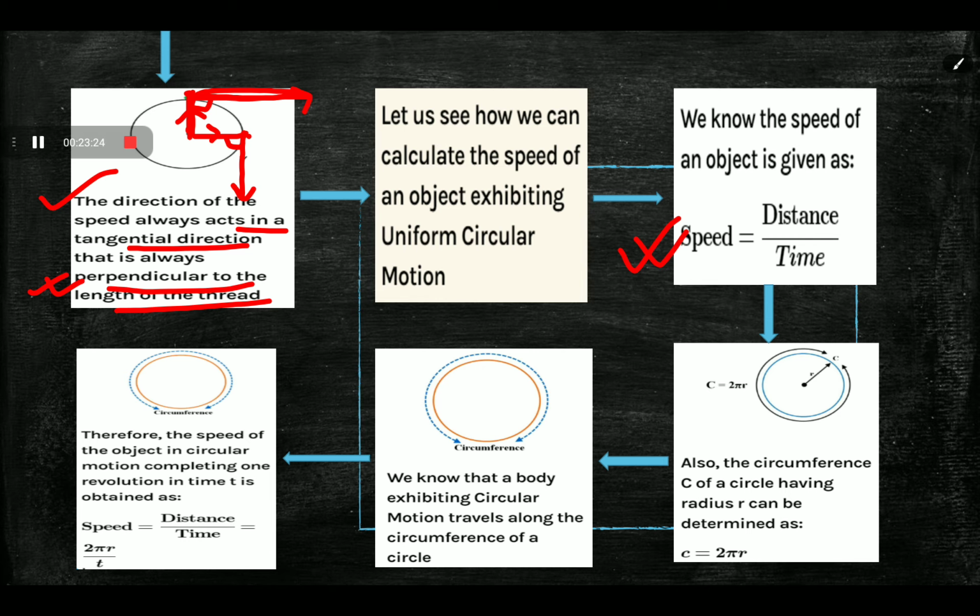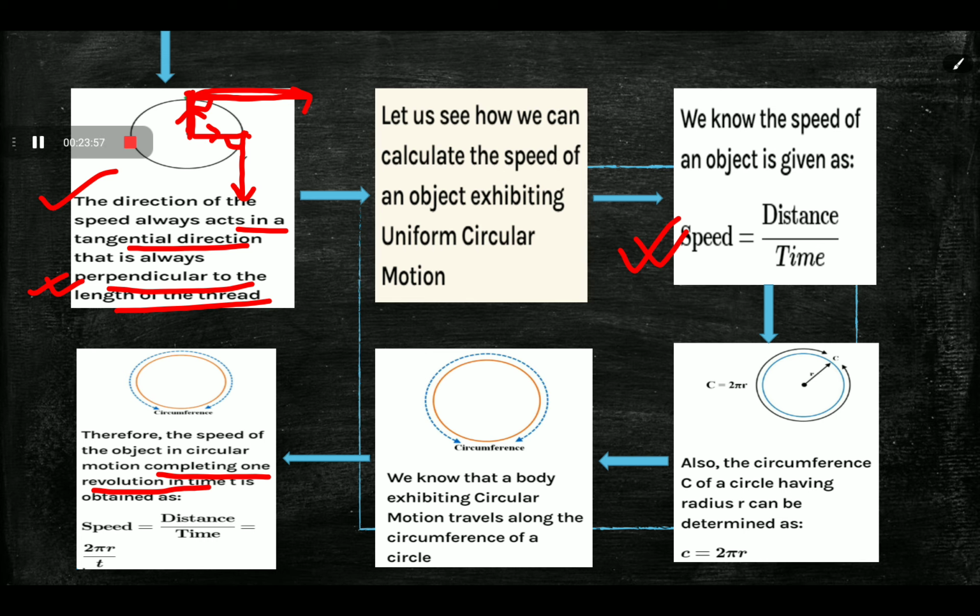And when the object moves in a circular path, completing one revolution, it means that the object travels along the circumference of the circle. So in this case, the distance covered by the object to complete one revolution is equal to the circumference of the circle.